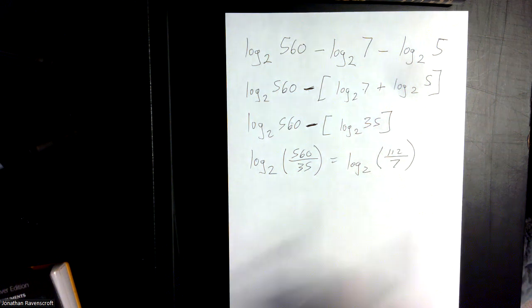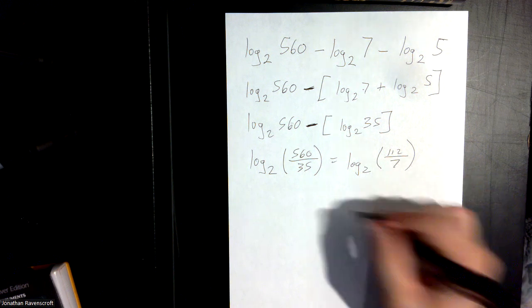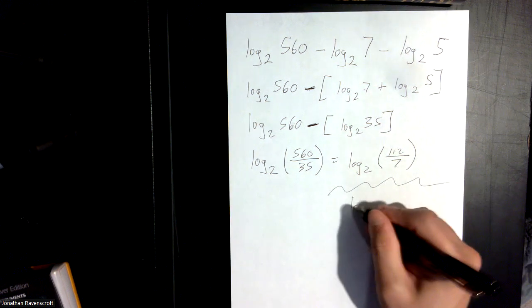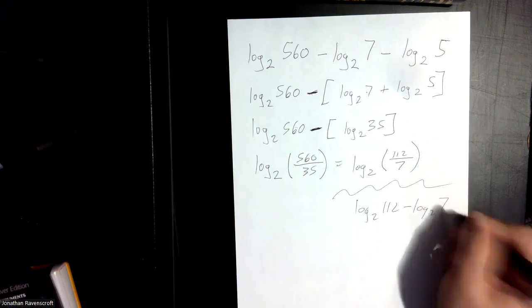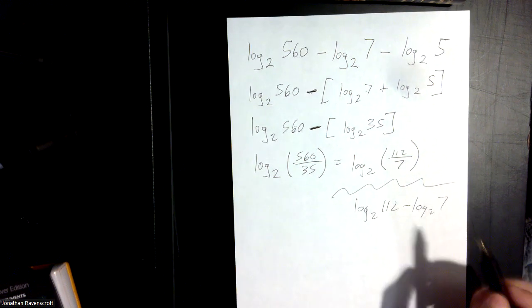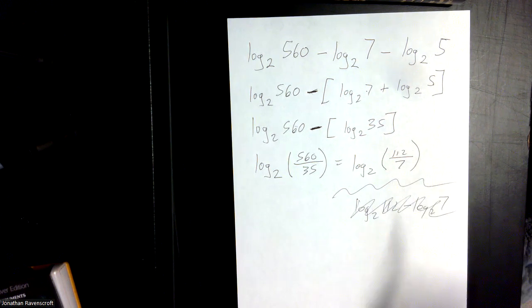Maybe expand this. Well, the short answer is we can't. If you were to say log base 2 of 112 minus log base 2 of 7, those can't be simplified into whole numbers, so it's not worth it. This is as condensed or as simplified as it's going to get.